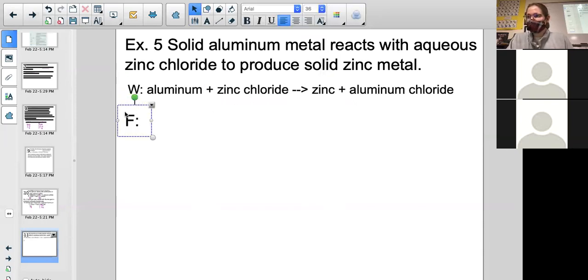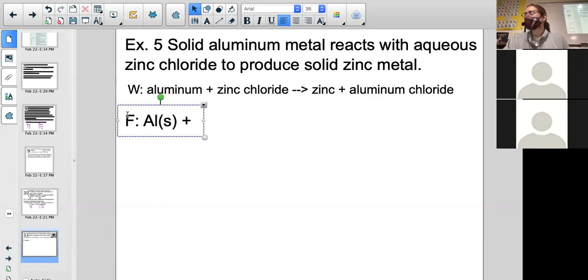I'll do the formula. Aluminum, what's the chemical symbol? Al. Zinc chloride. Now I know you're like, oh, zinc's a transition metal and we don't know the charge. I'm just going to tell you that the charge is +3. Aluminum is a solid. So zinc chloride has a +3 charge. How many chlorines?